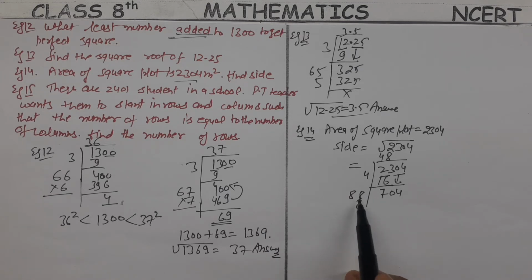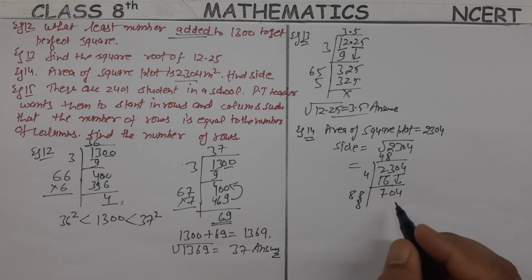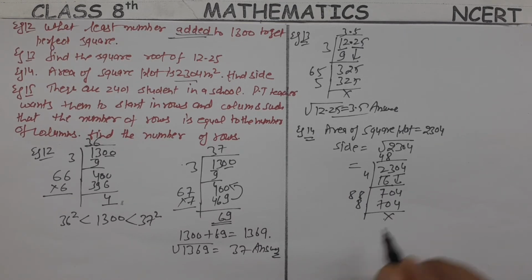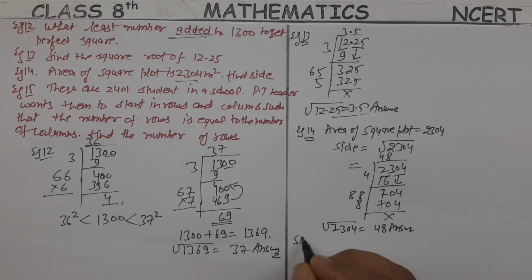That's why I am putting here 8. Multiply, remainder 0. Hence the square root of this number is 48. So the side of the square plot is 48 meters.